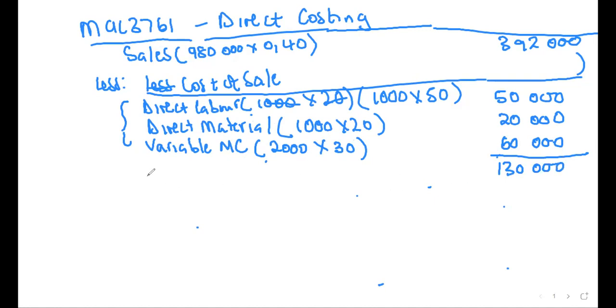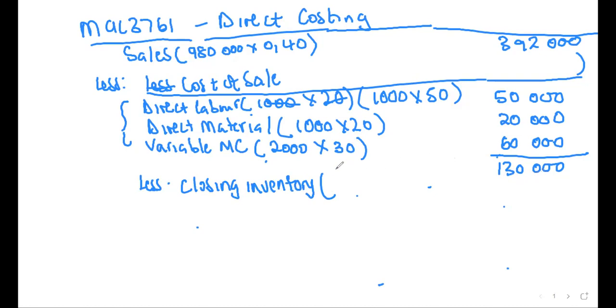Right? Then you now less your, remember we say cost of sale. So which means we now need to less our closing inventory. Right, in our closing inventory, the same way we did, the only difference now you can see here we have 130 instead of 230 for absorption costing.